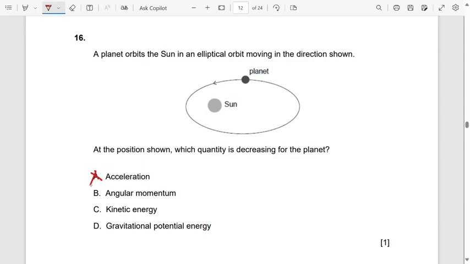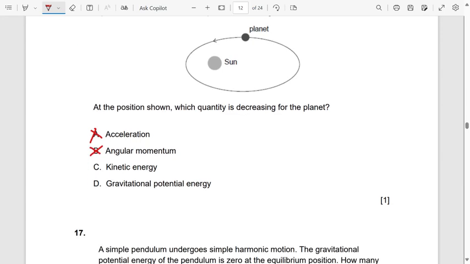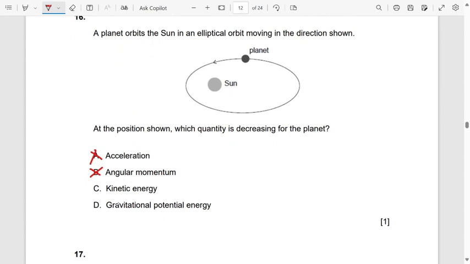Angular momentum, hopefully you know that that is conserved, so that's not changing. So it's between kinetic energy and gravitational potential energy. Which one is decreasing? Hopefully you'll be able to do this by process of elimination.